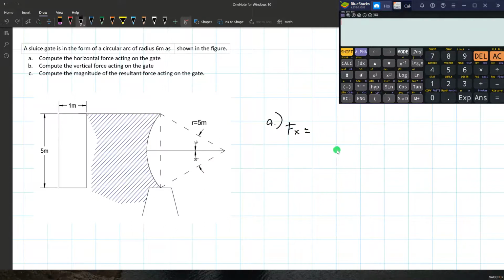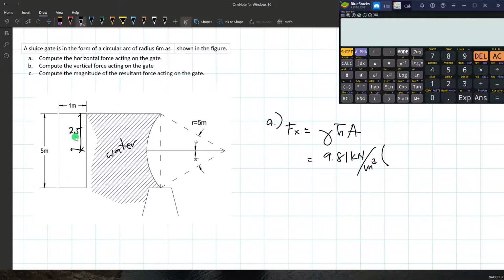So to compute the horizontal force, we have gamma bar H times A. So if this is water, we have 9.81 kilonewtons per cubic meter multiplied by bar H. Bar H, since the gate has its top portion in line with the water surface, is just one half of the vertical distance of this sluice gate, which is 2.5.